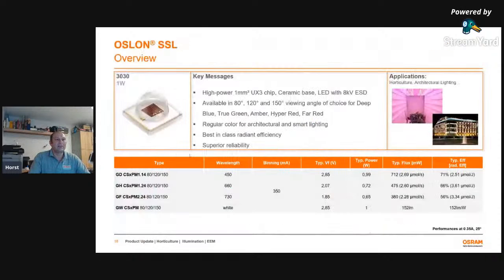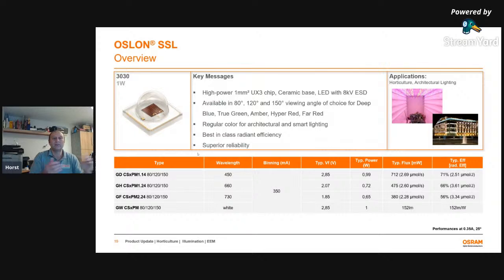For interlighting and indoor or even other applications like architectural lighting and so on, we have a smaller component, which is the same size, 3 by 3 millimeter, but we have a smaller chip inside. We have a 1 square millimeter die inside. The benefit here is we can have it in 3 types of angular radiation patterns, 80 degree, 120, and 150 degree.